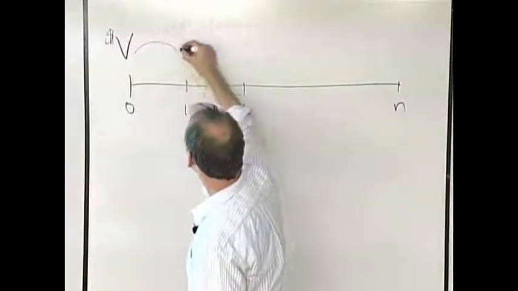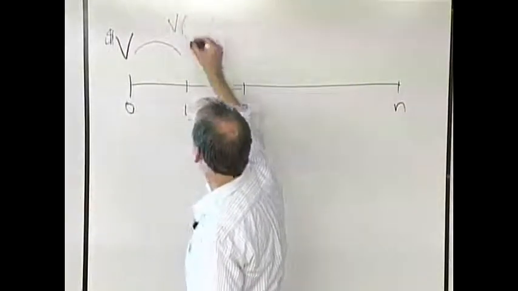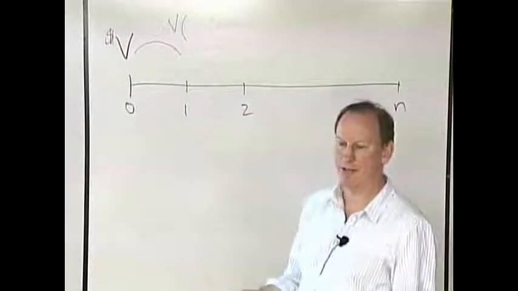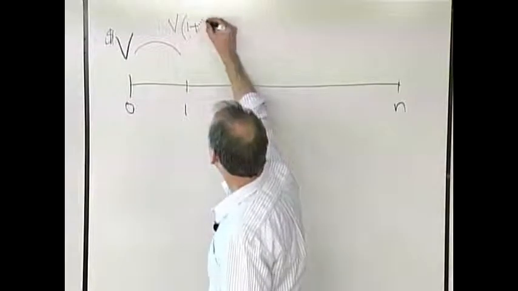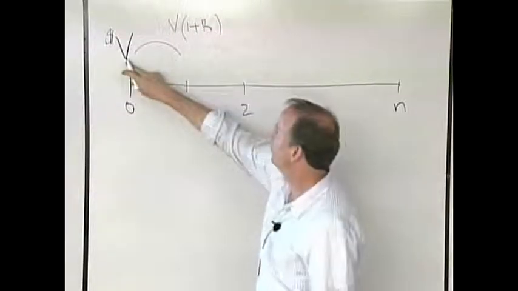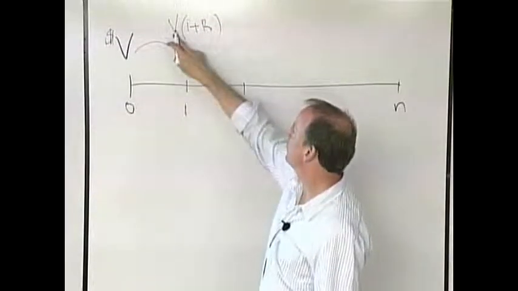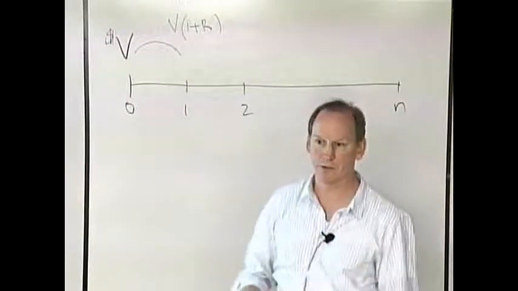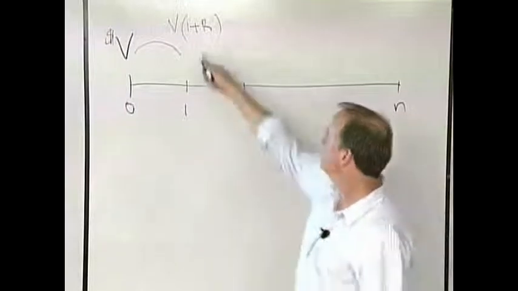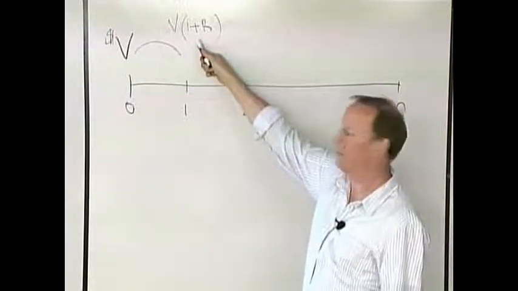You keep your $100, and then the bank pays you an interest rate of R%. So after 1 year, your initial investment grows to your initial investment plus the initial investment times the interest rate. That's the interest that you earn. So this is the future value after one time period.